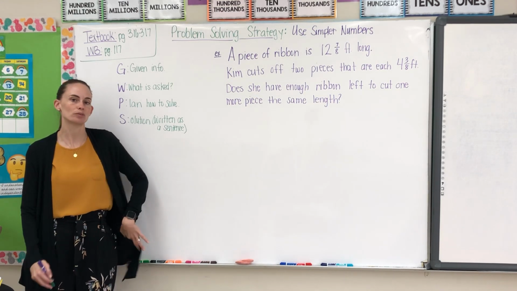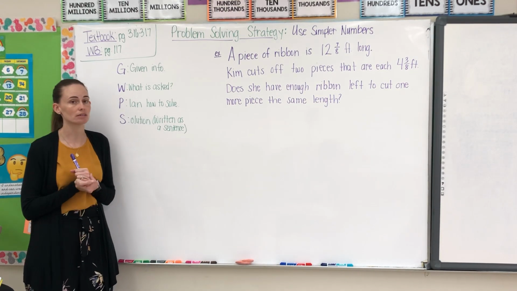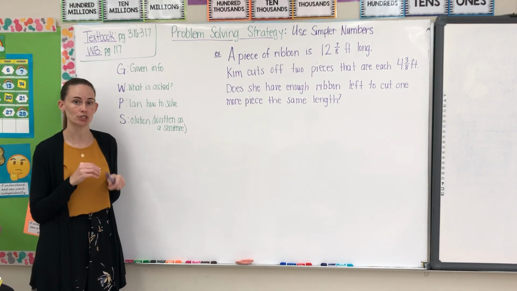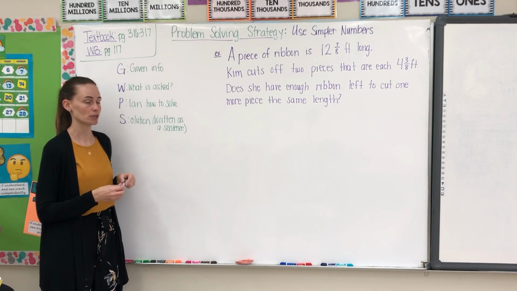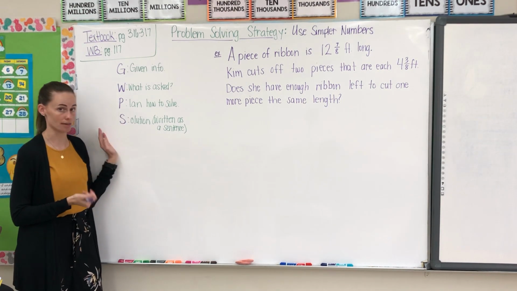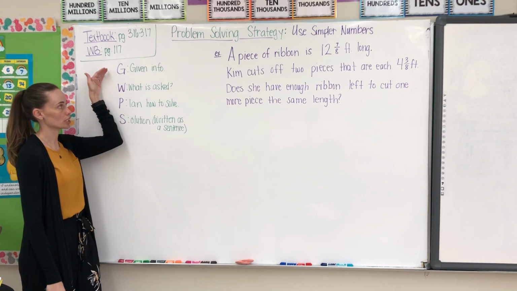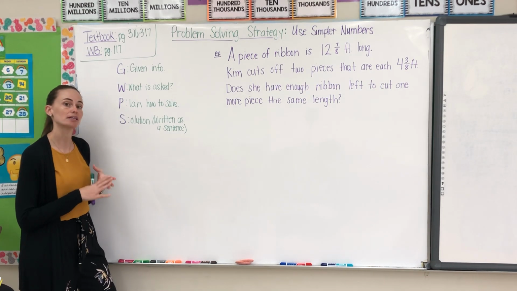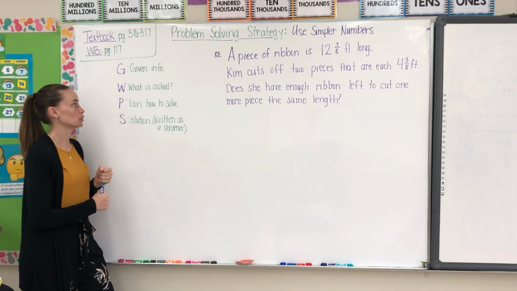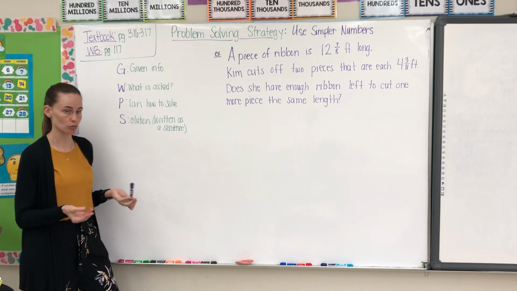Today we're going to be doing a problem solving lesson about how we could use simpler numbers to solve the problem. Okay, remember when we do problem solving that we have to use our GWPS steps. So for G, remember we identify what is the information given to us in the problem. W, what are they asking us to do?